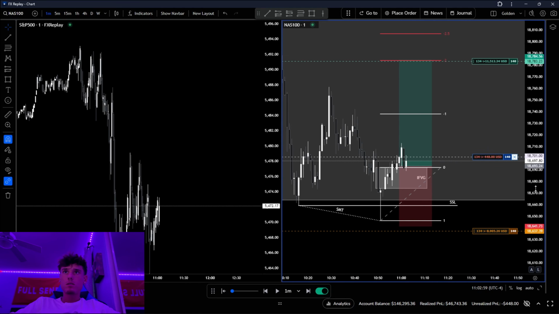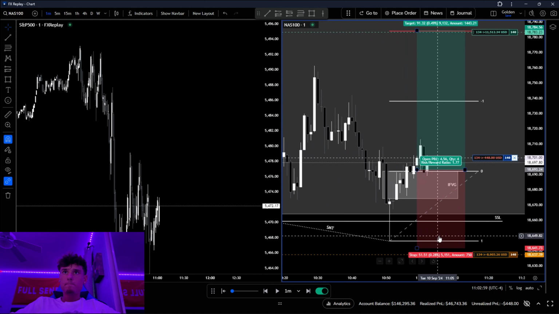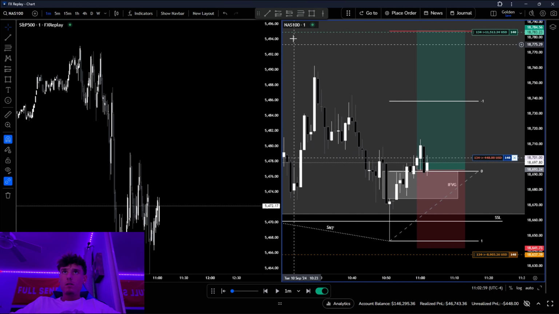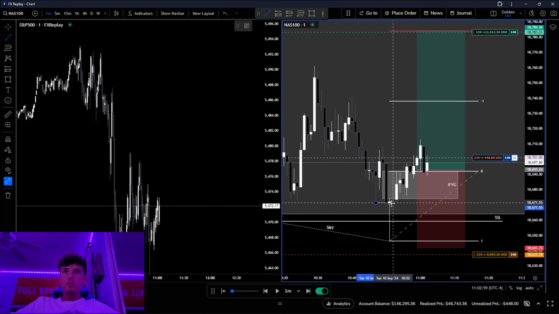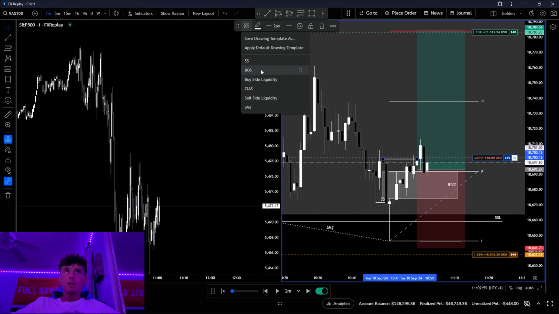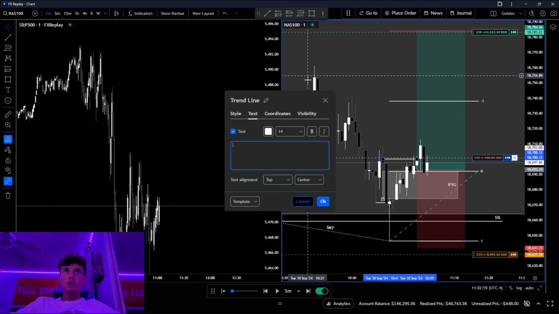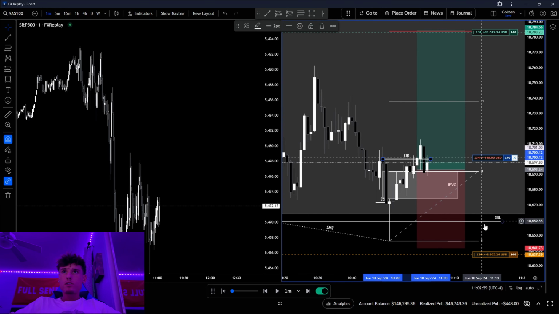Okay, we had a retest. That's pretty nice. Another thing to note is we have this manipulation leg. Not only that, we have an order block. And an order block could be actually retested.